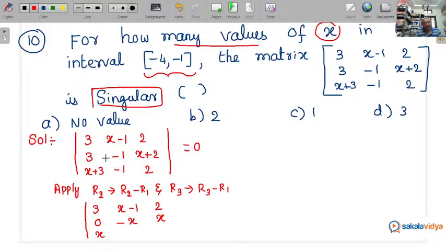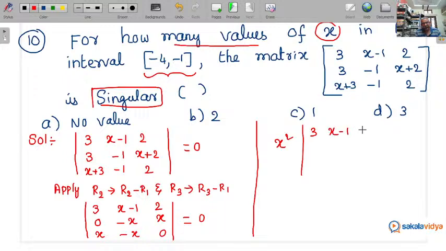Next row: minus 1, same, minus x you will be getting. 2 minus 2 is 0, equal to 0. From R2 take out x common, from R3 take out x common. So we get x square common, x square determinant of 3, x, minus 1, 2, 0, minus 1, 1, 1, and also minus 1, 0, equal to 0.